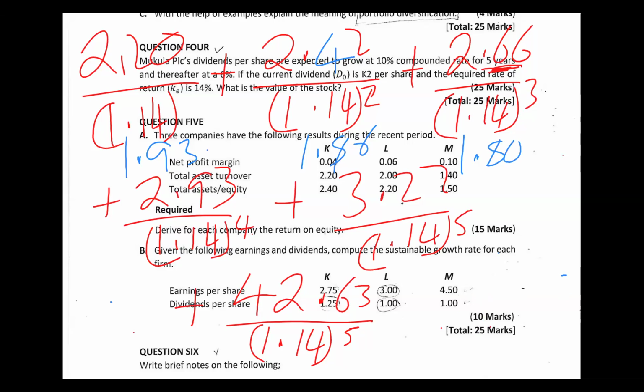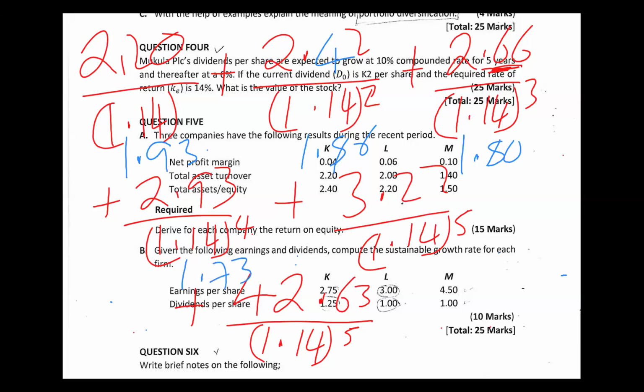What is the present value in the fourth year? It's 1.73.